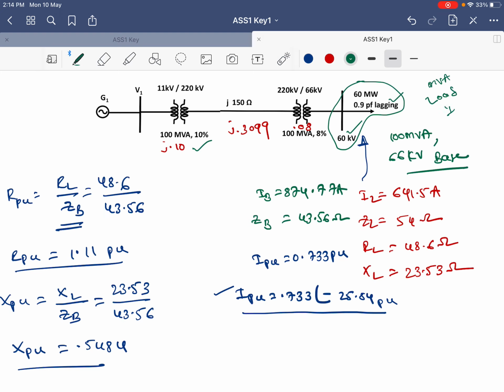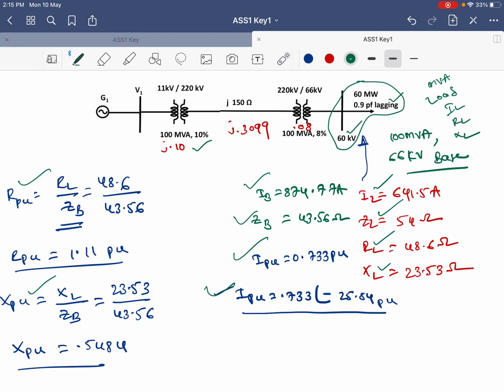Then use the proper formula, find out IL, RL and XL. The same thing I did here, find out IL, ZL I calculated, then RL and XL. At the same time we know the base quantities, the corresponding base current and base impedance also we have calculated. Then we know that per unit value is actual value divided by base value. Then you divide one by another, then you are getting the per unit value of the current. Similarly, per unit of resistance, per unit of reactance.